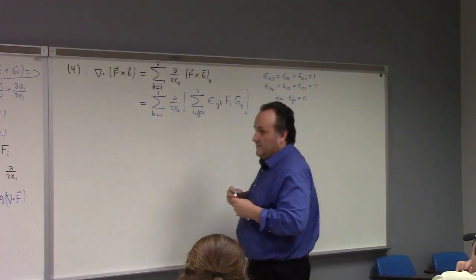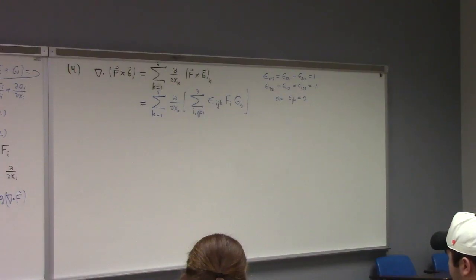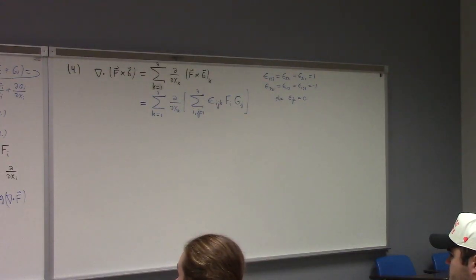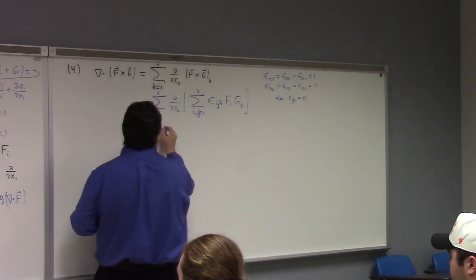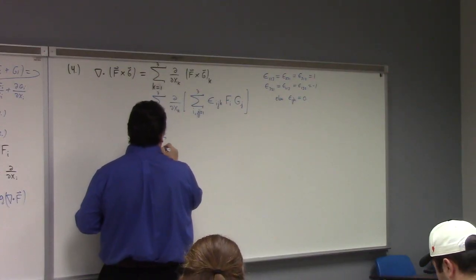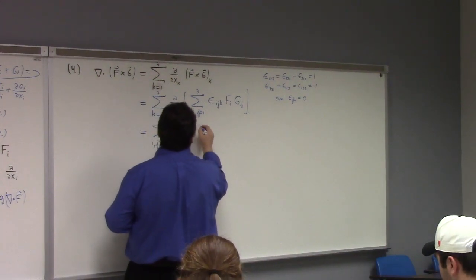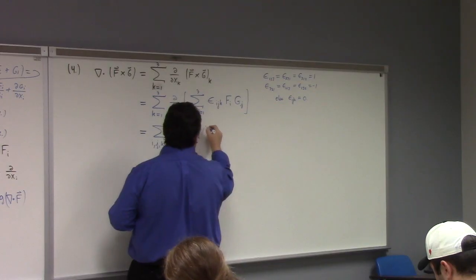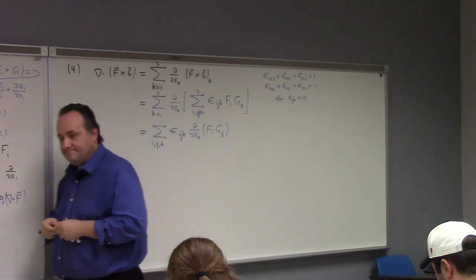But the larger point is that for any of the 27 possible triples you can take from the indices i, j, and k ranging from 1 to 3, they're all constants, which means we can pull them outside the derivative without consequence. I can also pull the summation out, because of a property of the derivative. So I've got the sum over i, j, and k of epsilon i, j, k partial x k of f sub i times g sub j. That's what I have.